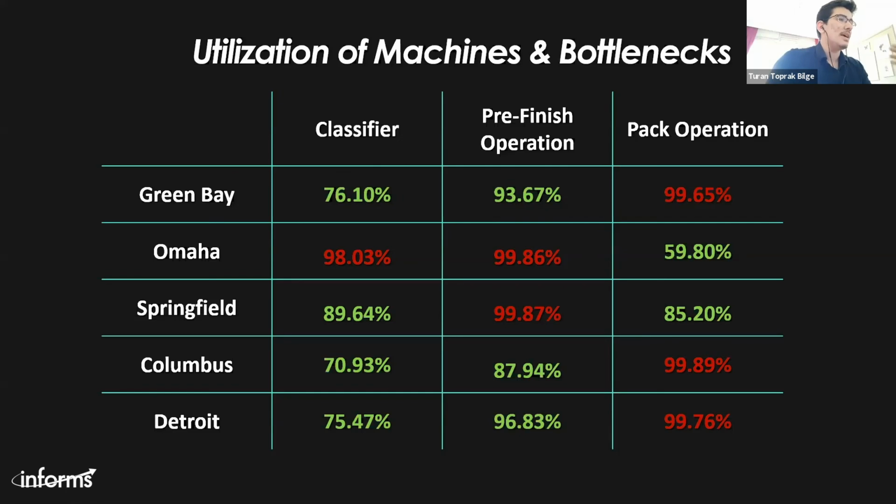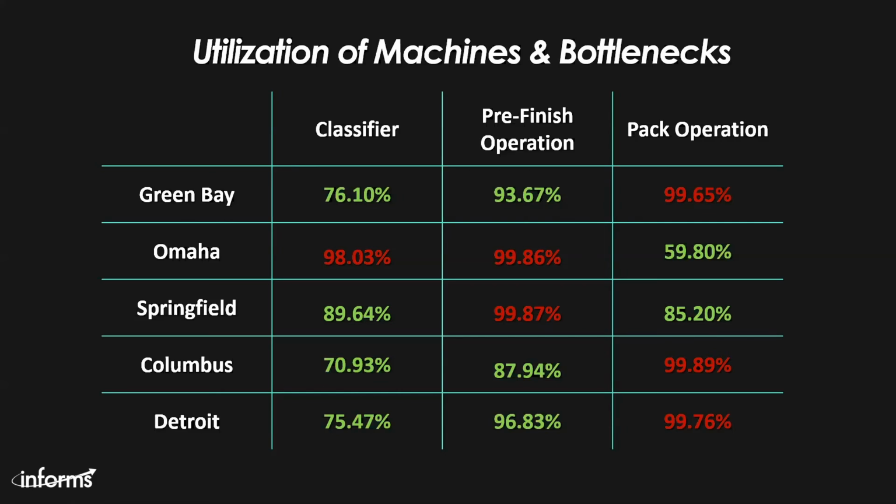So that means, for instance, if the total flow time of that facility is 60 days, if the utilization for a machinery is 99%, it is probably like 89 days or something like that for that machine.